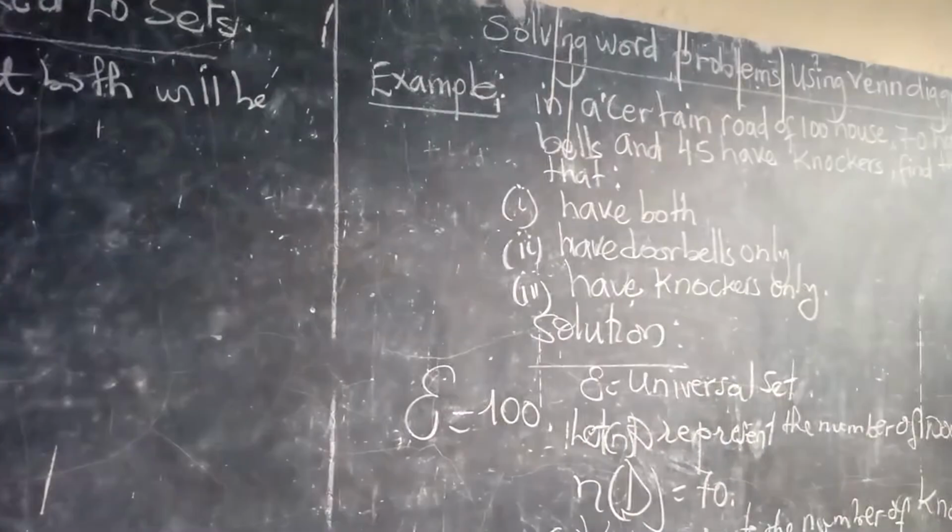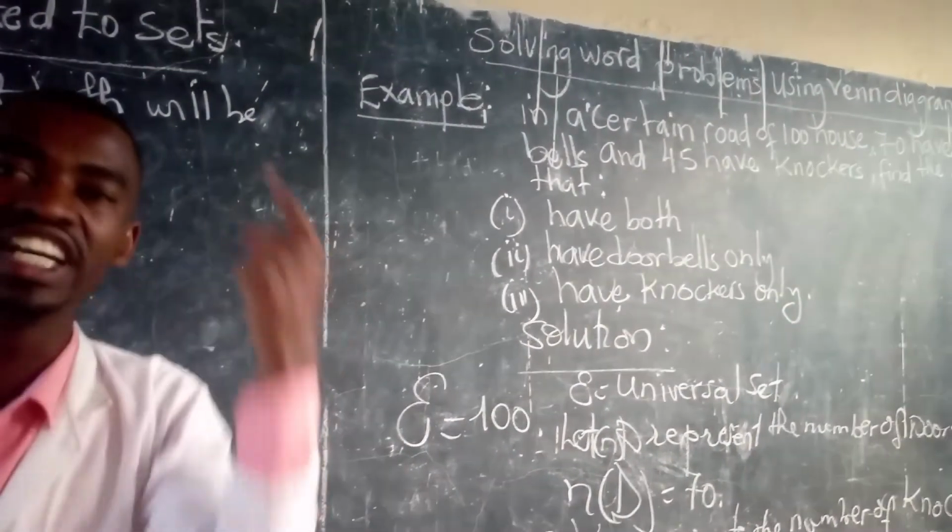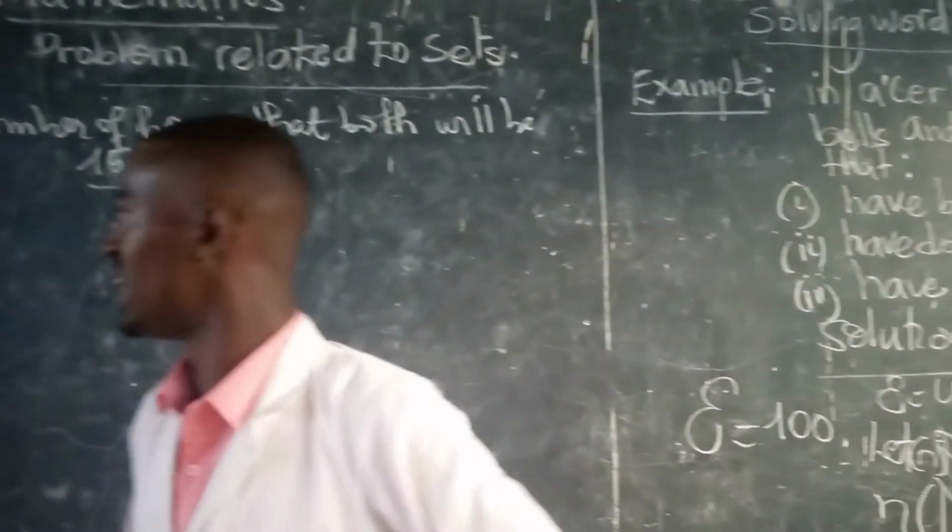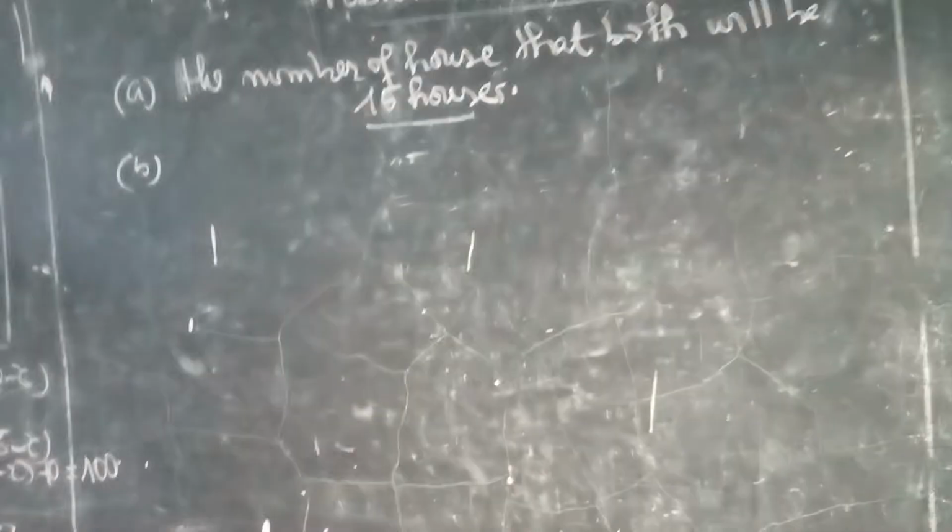Let's come back to B. Have doorbells only. We are going to look for the number of houses which have doorbells only. We come to our set here as Venn diagrams.